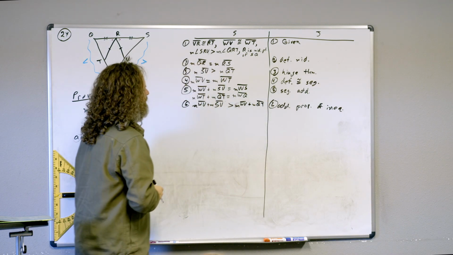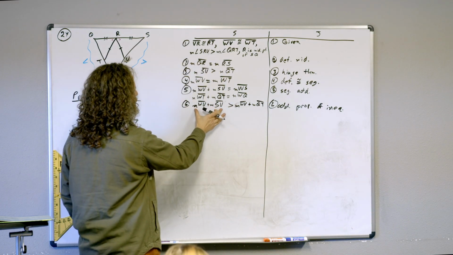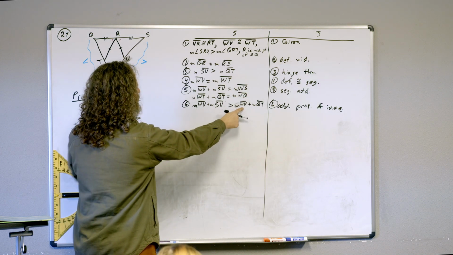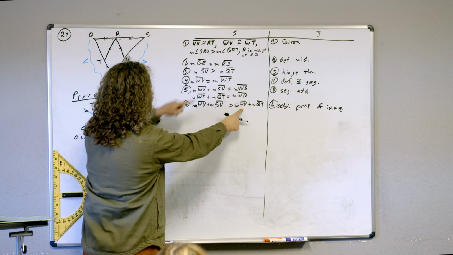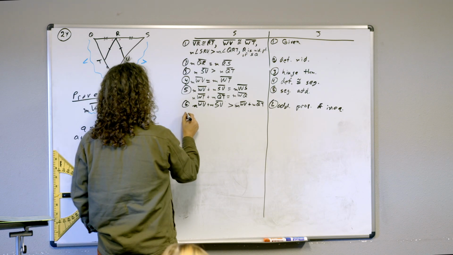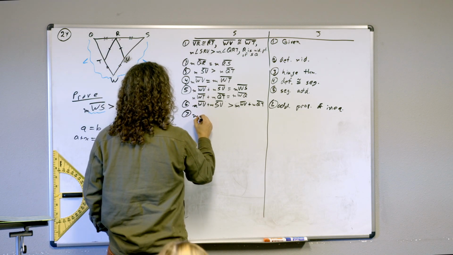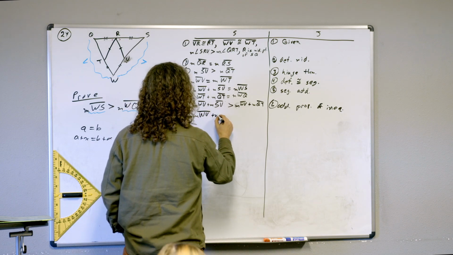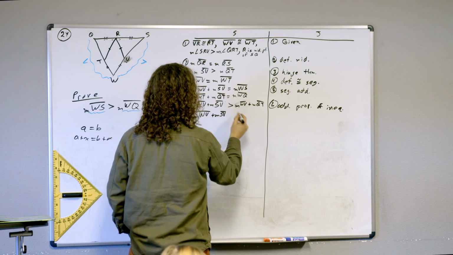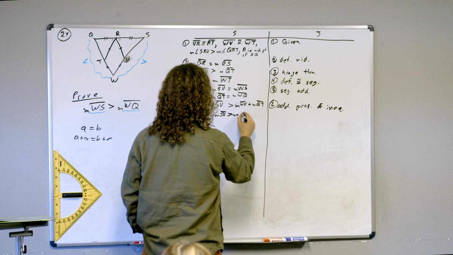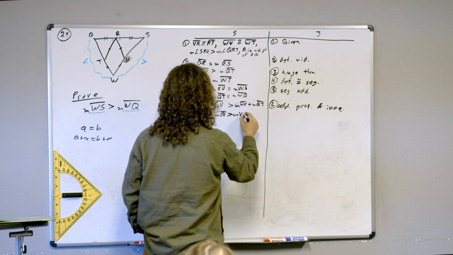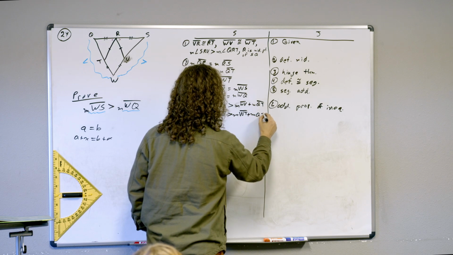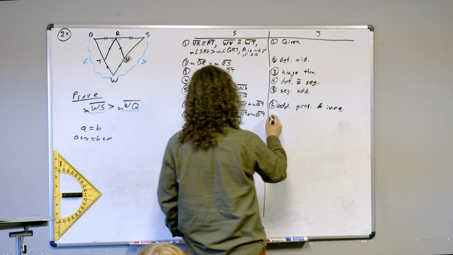That looks great. Because see, this is already the same now as this. We just got to turn WV into WT because they're the same. So the measure of WV plus the measure of SV is greater than the measure of WT plus the measure of QT because substitution.